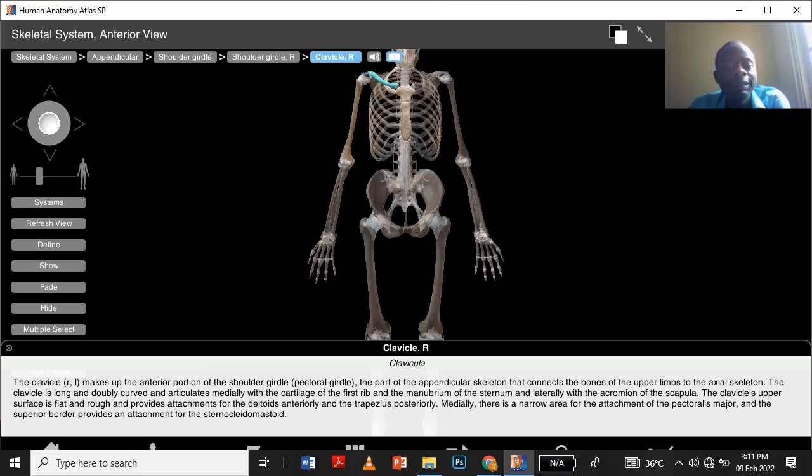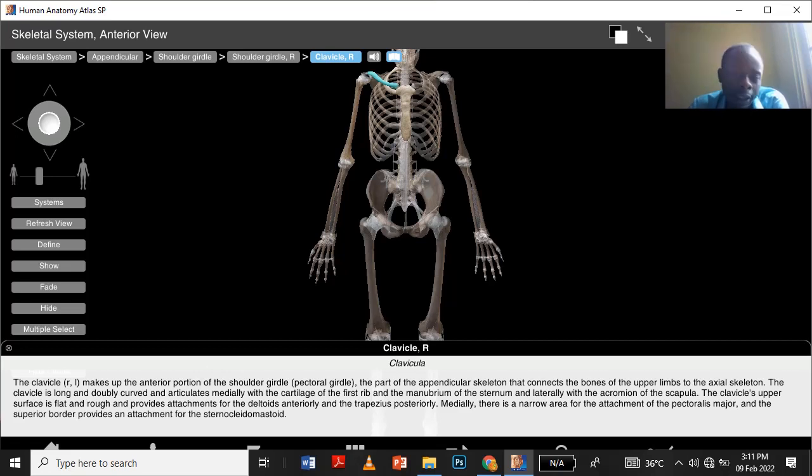So the clavicle serves as a point of attachment for these key muscles: pectoralis major, which is attached to the medial aspect of the clavicle, the deltoid, attached to the anterior aspect, and the trapezius, attached to the posterior aspect.